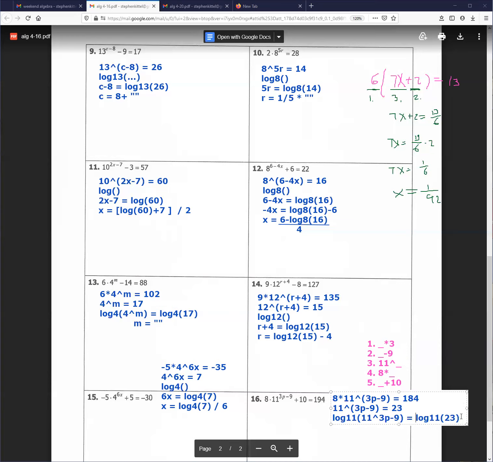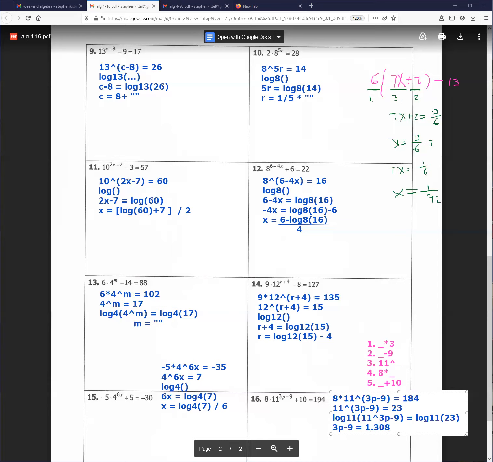All right, then we'll simplify that. 3p minus 9 is equal to log base 11 of 23. And you know what? This time I will grab a calculator and figure out what that is. That is log 23 over log 11, because I have to use change of base on my old calculator. And that is equal to 1.308.